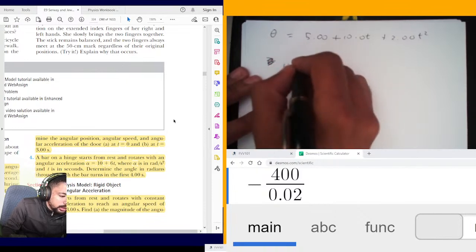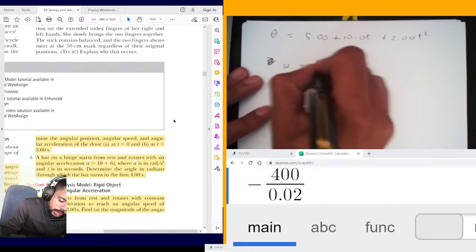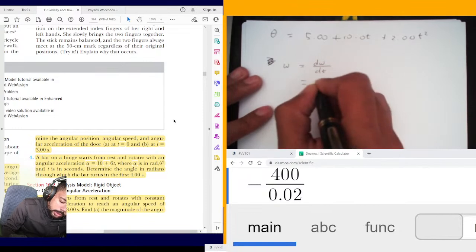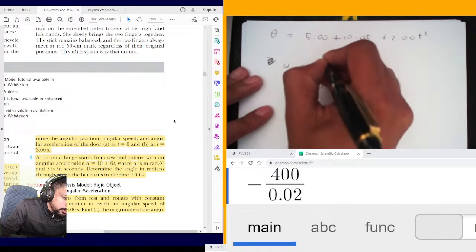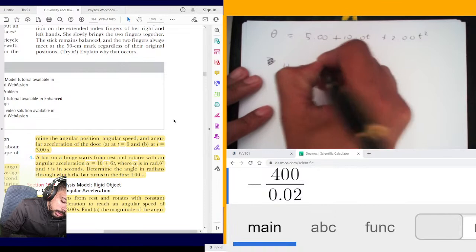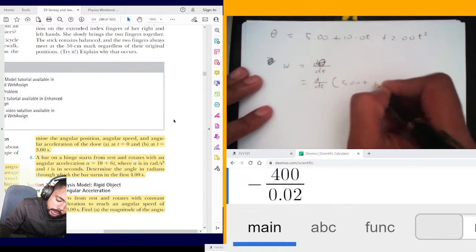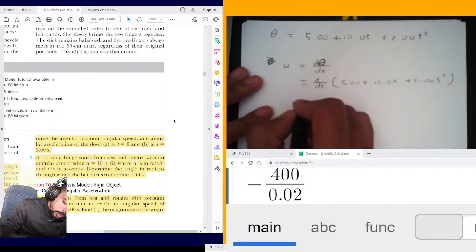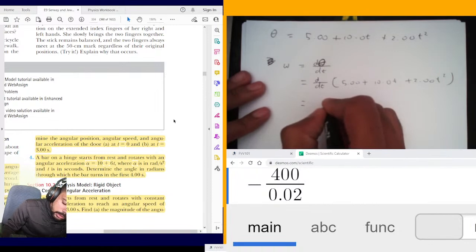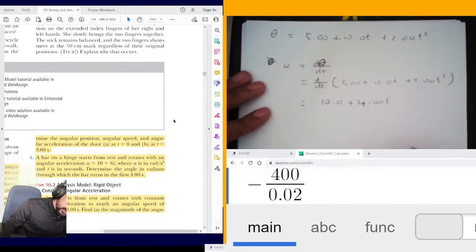The angular speed is omega, d theta dt, the time derivative of 5 plus 10t plus 2t squared. That gives us 0, plus 10, plus 4t.